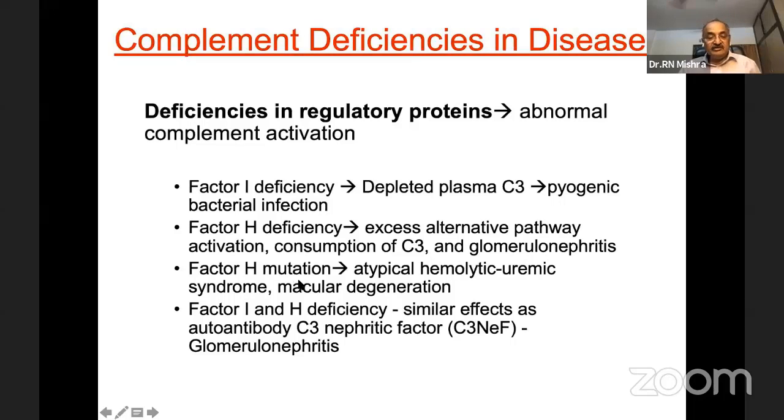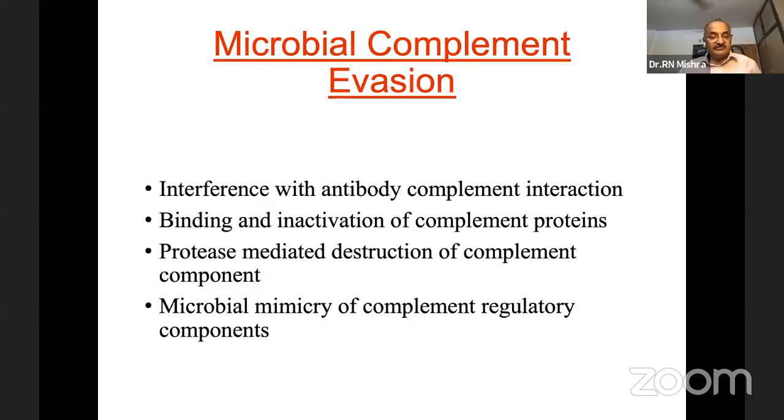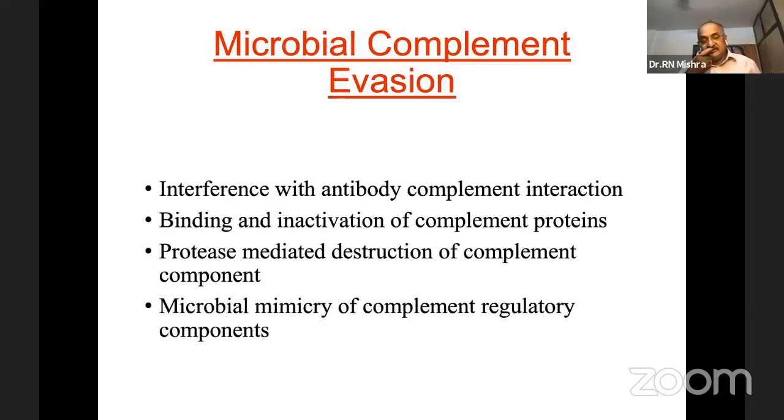Factor H mutation causes atypical hemolytic uremic syndrome, and factor I and factor H combined deficiency will have autoantibody C3 nephritic factor glomerulonephritis. If you have deficiency of the complement receptor CR3 and CR4, again you have recurrent pyogenic infection.